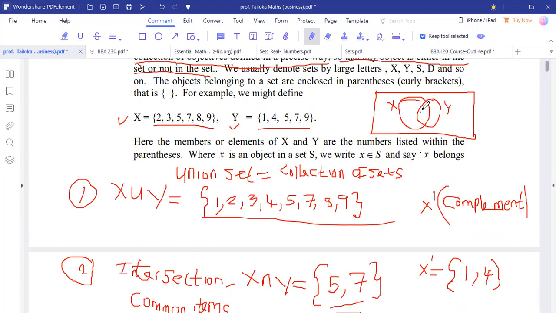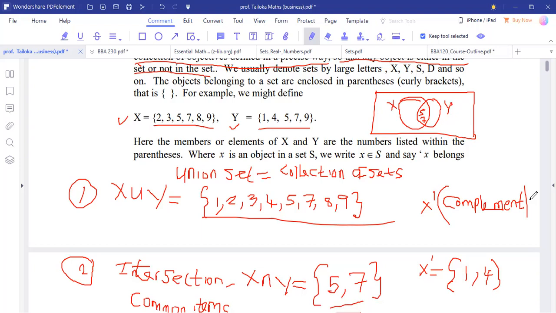So we put a 5 on the intersection, and this part simply means what is common. We have a 5 and a 7 here in the intersection set. What is common to both X and Y is the one to start with.